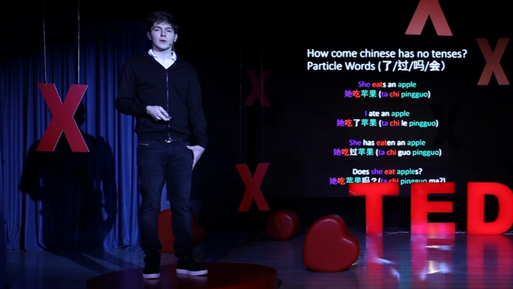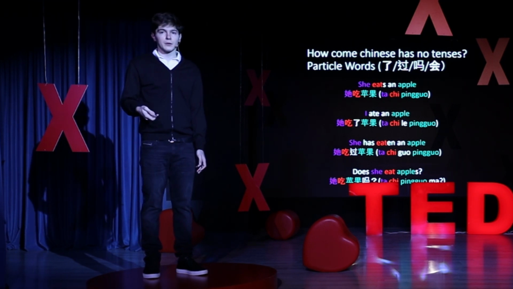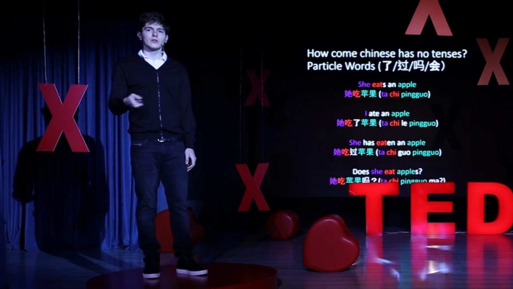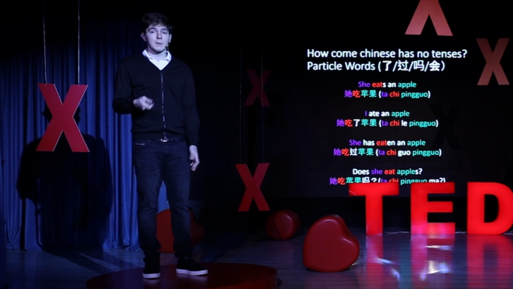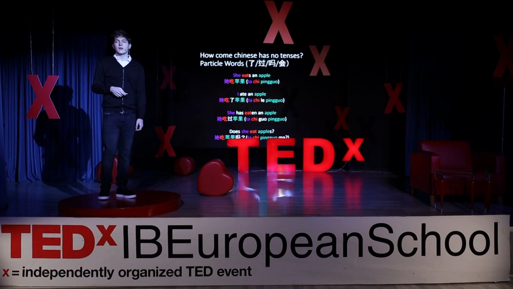Now, if we make it a bit harder and put it into a different tense, the past tense, for example, in English, it would be "she ate an apple," right? Now, in English, you introduce a completely new form of the verb eat, which you had to memorize, ate, and then the same thing with the articles stays.